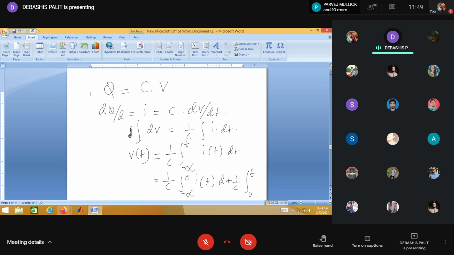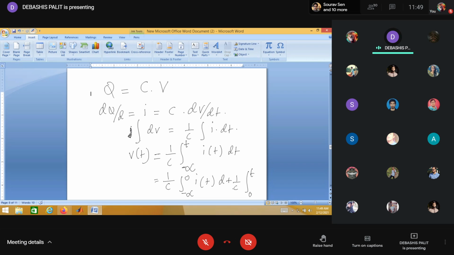Because I am considering the fact that some amount of charge was already stored in the capacitor at infinite time before, mathematically. And then you are considering the amount of charge at the zeroth instant, when t is equal to 0.